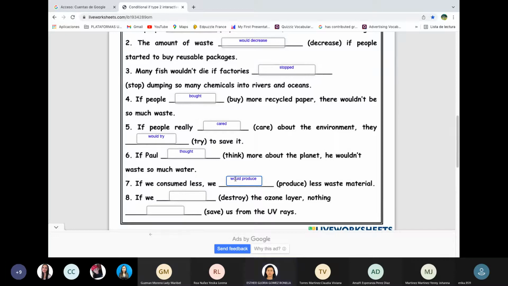Very good. Now, 8. If we, second conditional sentence, past tense. No, the verb is destroy. If we what?